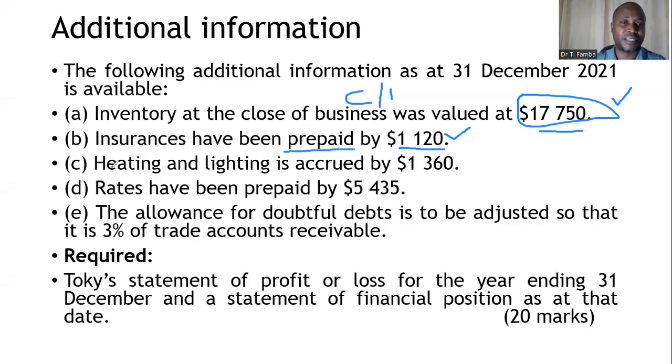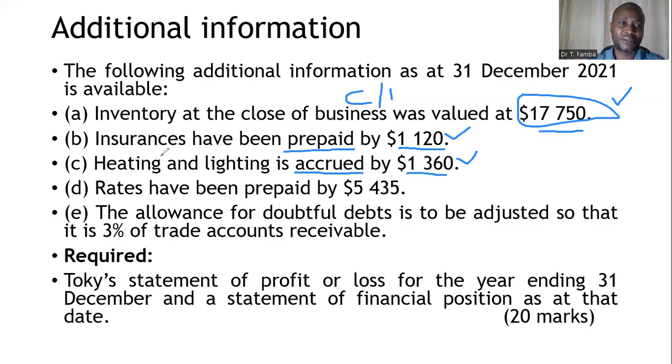There is also heating and lighting is accrued. Take note of this term here, accrued, which means that we have an expense, and we also have a liability. So I'm going to underline and tick. This has an effect on both the statement of financial position and the statement of profit or loss and other comprehensive income.